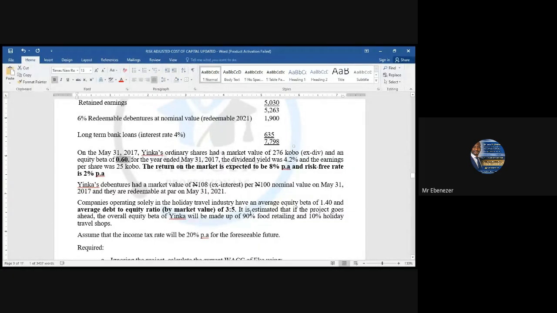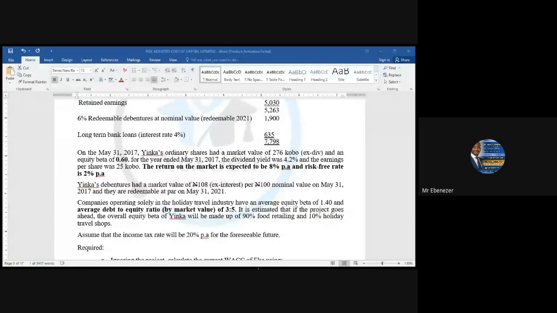Meaning that if the project goes ahead, 90% we go for food retailing, 10% we go for travel. Don't worry, under the adjusted cost of capital, we'll do more of all these things. But just have the understanding here. 90% for food retailing, then 10%. Now, don't forget that the company wants to go into holiday travel shops, which will take about how many percent? 10%.